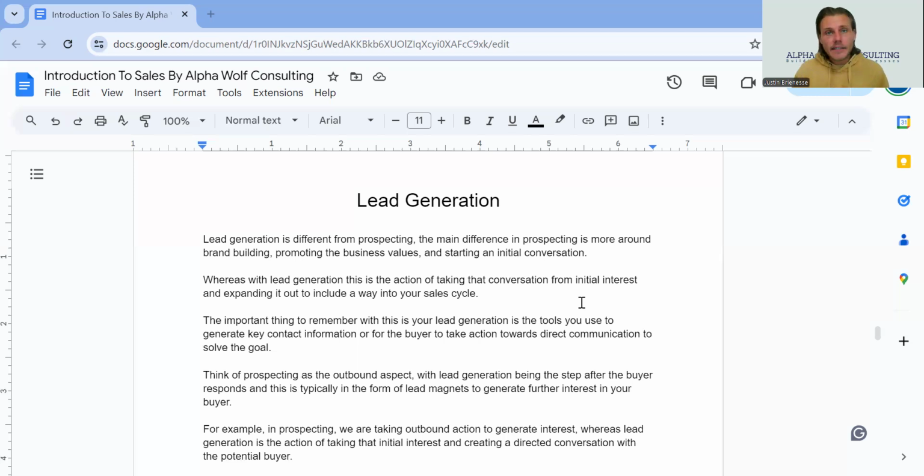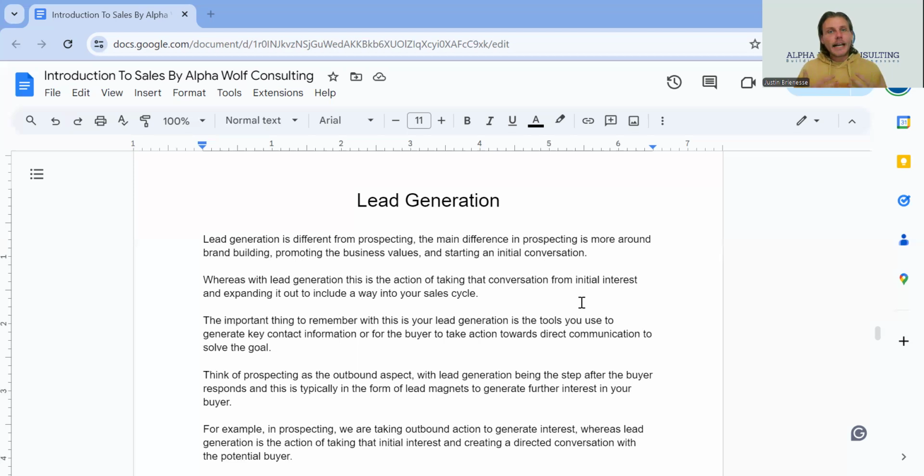So, we could use case studies, we could use free marketing plans, we could use blueprints, whatever it may be, something that has inherent value, but also that we can use among a multitude of different potential buyers where we're not having to customize it to each buyer.